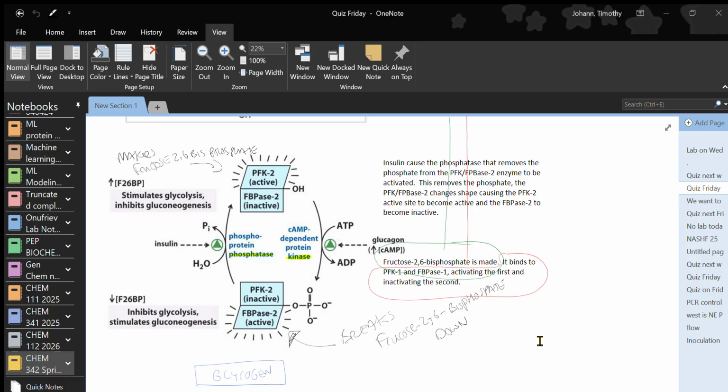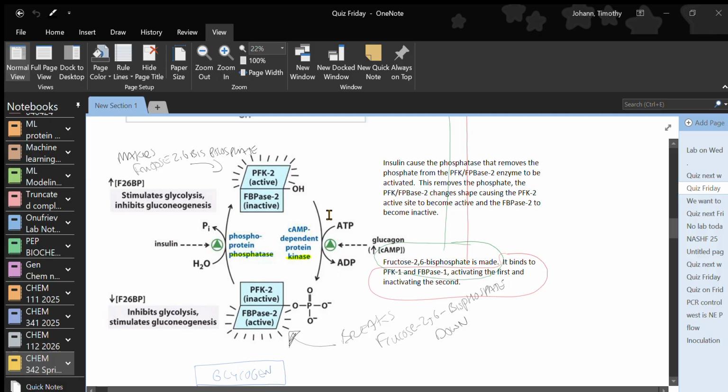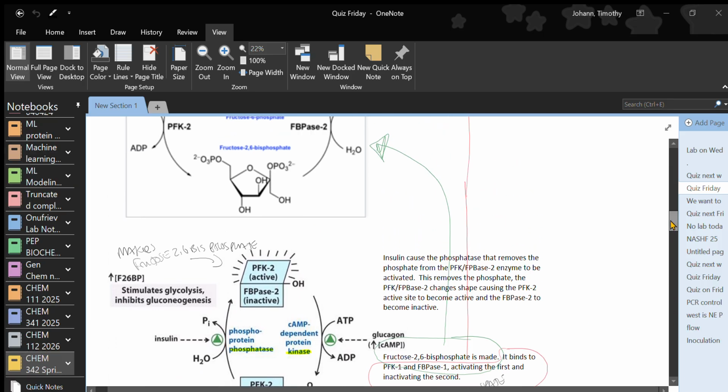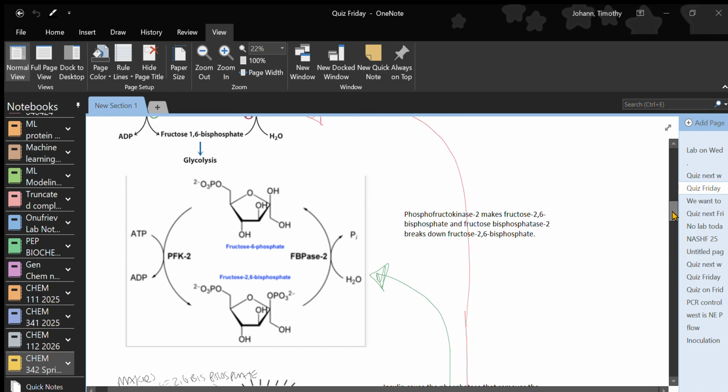So now let's say we have insulin outside the cell. We've activated the phosphofructokinase 2. Phosphofructokinase 2 is active, so it's going to take fructose 6-phosphate, which we're making in glycolysis, and make fructose 2,6-bisphosphate out of it.